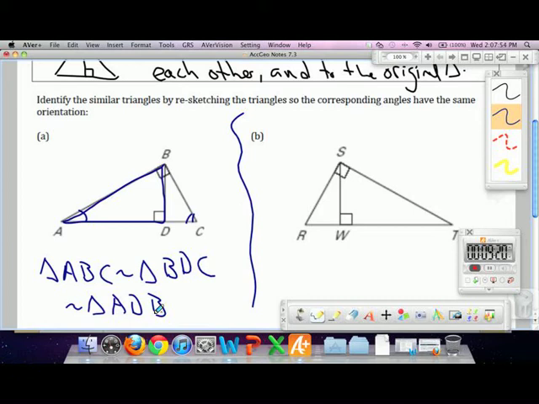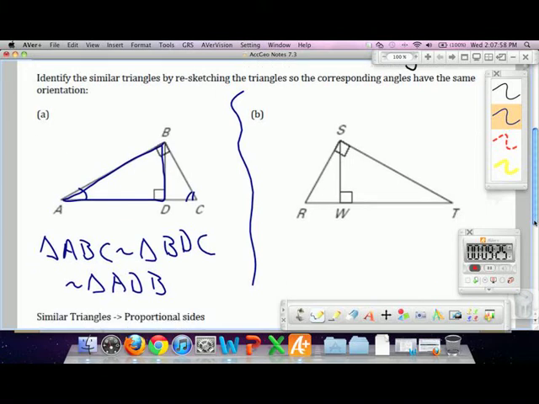Let's try it again with this guy. Let's go. How about the smallest triangle first? How do you want to write the first similarity statement? Which one do you want to do? Triangle SRW.